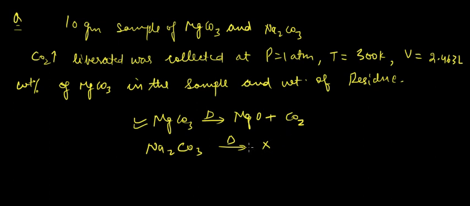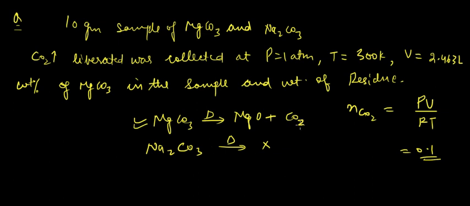Considering CO2 as ideal gas, as it is not explicitly mentioned, n would be PV upon RT. You can just put in the values of P as 1, volume as 2.463, R as 0.082 and T as 300, so that will give 0.1 mole of CO2.